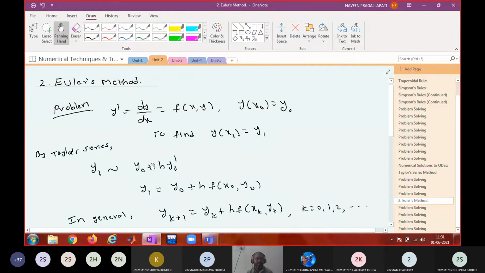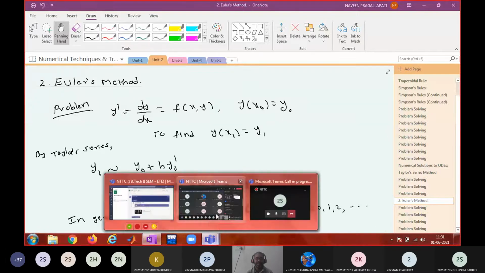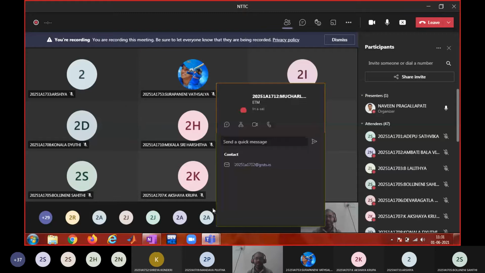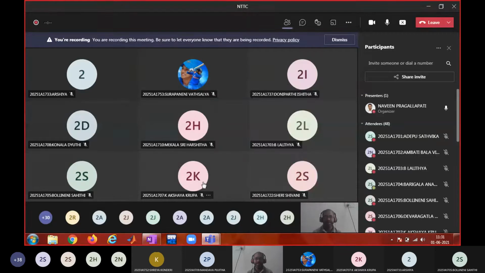So which one do you think is more accurate, Euler's method or the Taylor series method? In the Taylor series, we have written the terms up to the fourth order derivative.